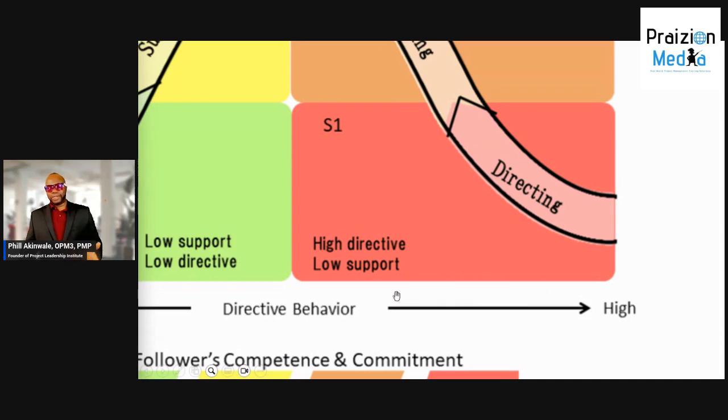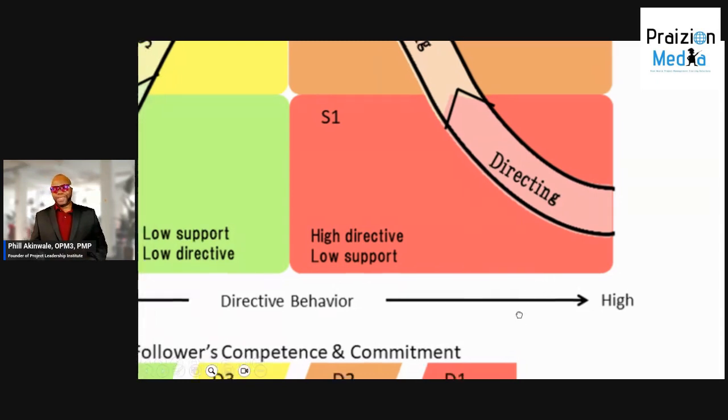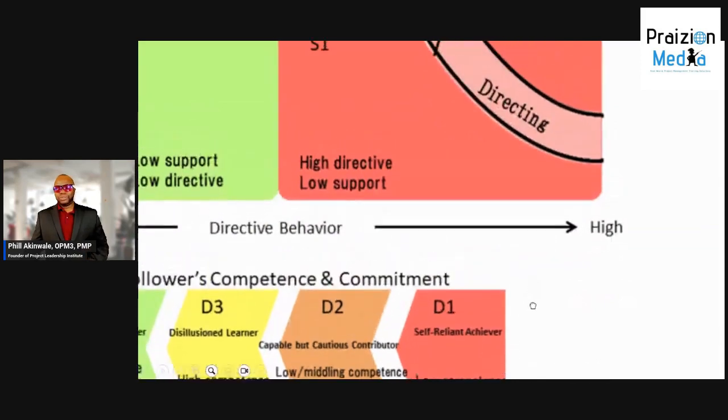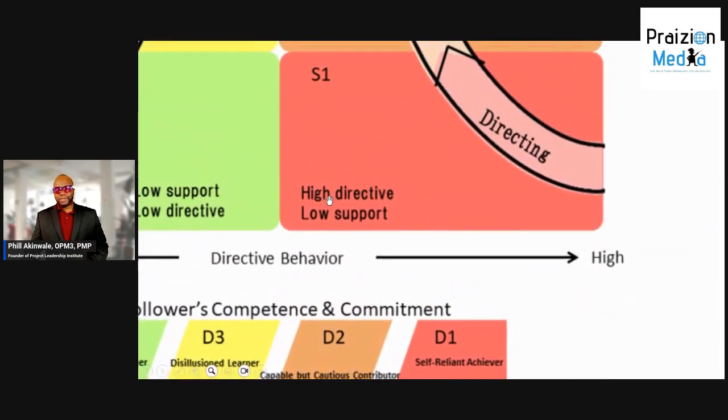And on a continuum, this is going to vary how directive you need to be depending on how much help they need. Okay? So if you're working with someone that has low competence but high commitment, you could focus squarely on giving them a whole lot of direction. Not as much support, because they may not need it. They're already quite confident in themselves, and what you need to do is direct them.